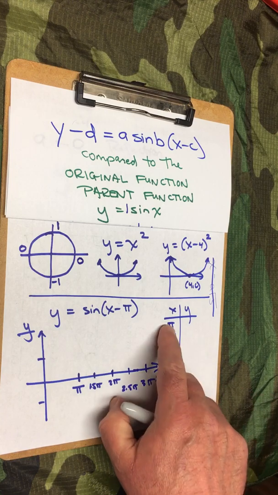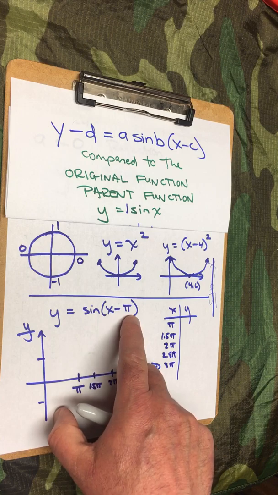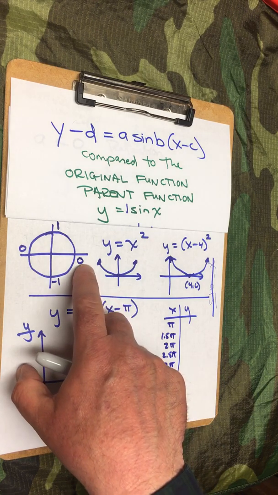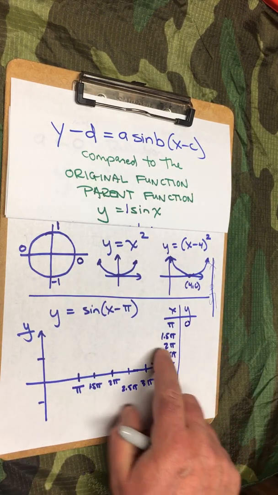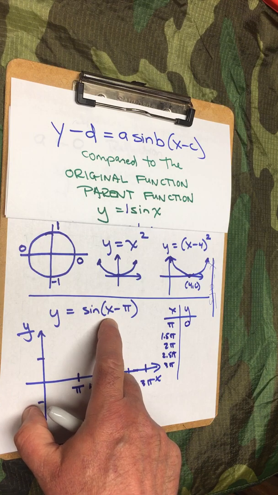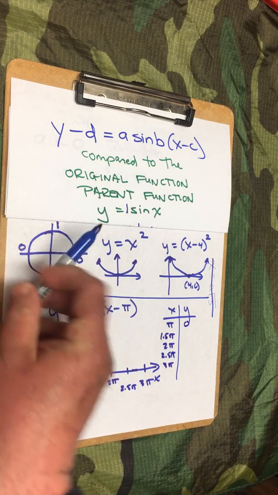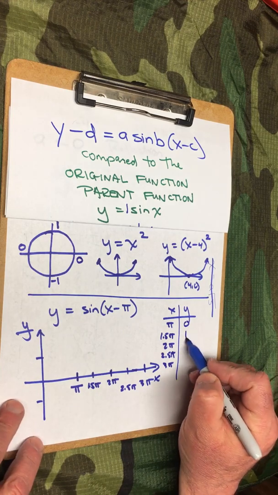If I put pi in for x, I get the sine of pi minus pi. Well, pi minus pi is 0, and the sine of 0 is 0, which gives me an output of 0. Teammates, 1.5 pi in for x. Well, 1.5 pi minus 1 pi is half a pi. Where's half a pi radian in terms of an angle? Right there. Doesn't that give me a value of 1?